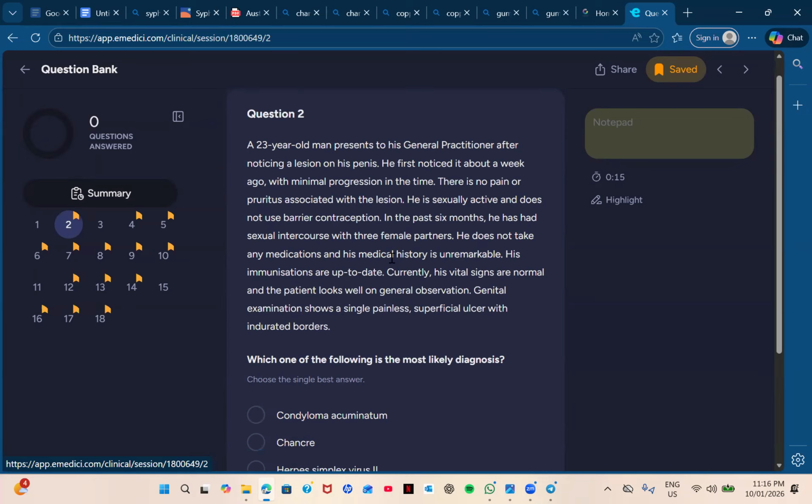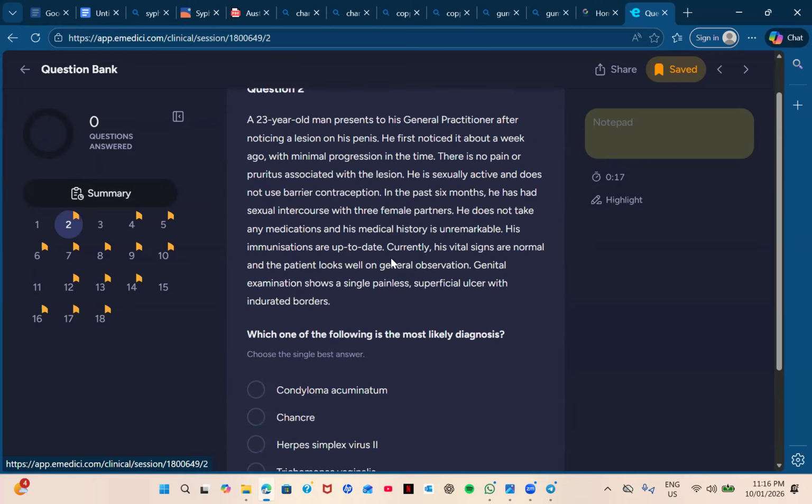Okay, let's do this question. A 23-year-old man presents to the GP after noticing a lesion on his penis. He first noticed it about a week ago with minimal progression in the time. There's no pain or pruritus associated with the lesion. He's sexually active and does not use barrier contraception.